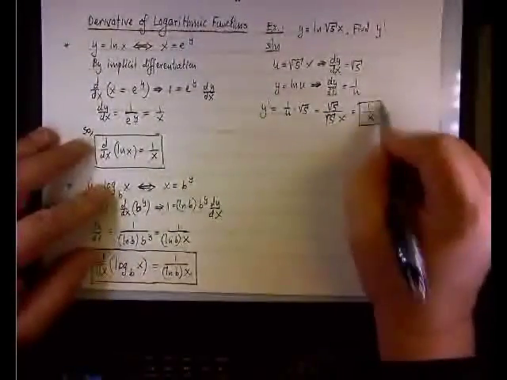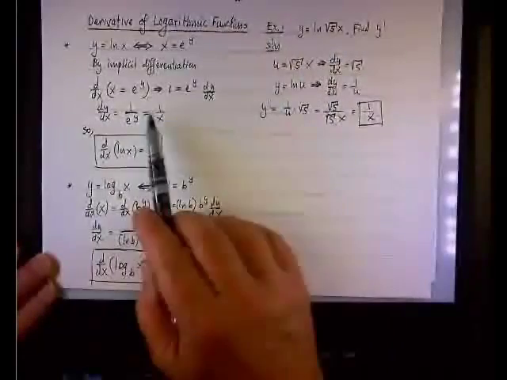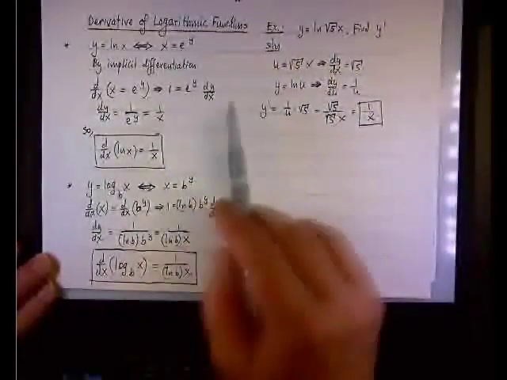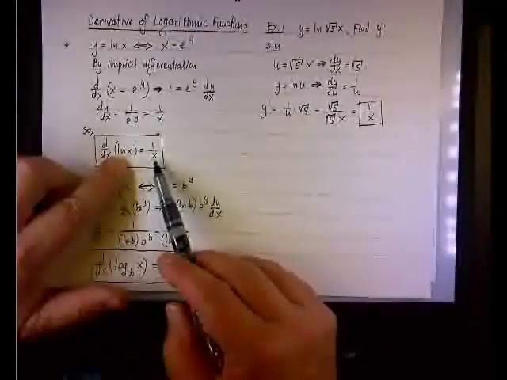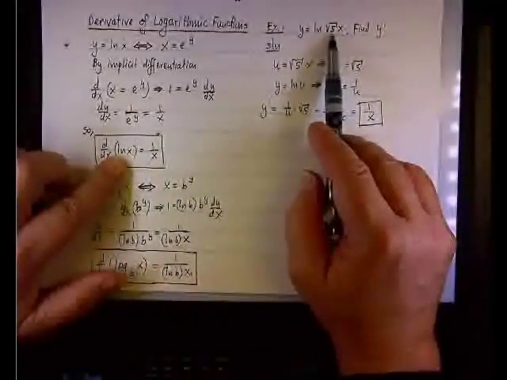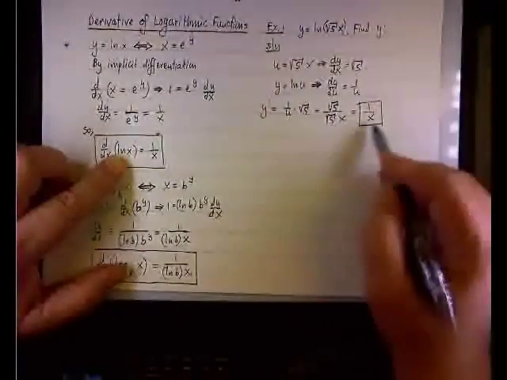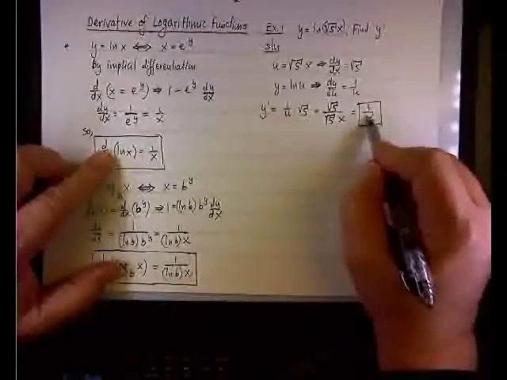And now wait a second. You need to ask yourself, so what is the difference? The derivative of the natural log of x is 1 over x, and the derivative of the natural log of square root of 5 times x, let's put it in parentheses, is also 1 over x. How can it be?